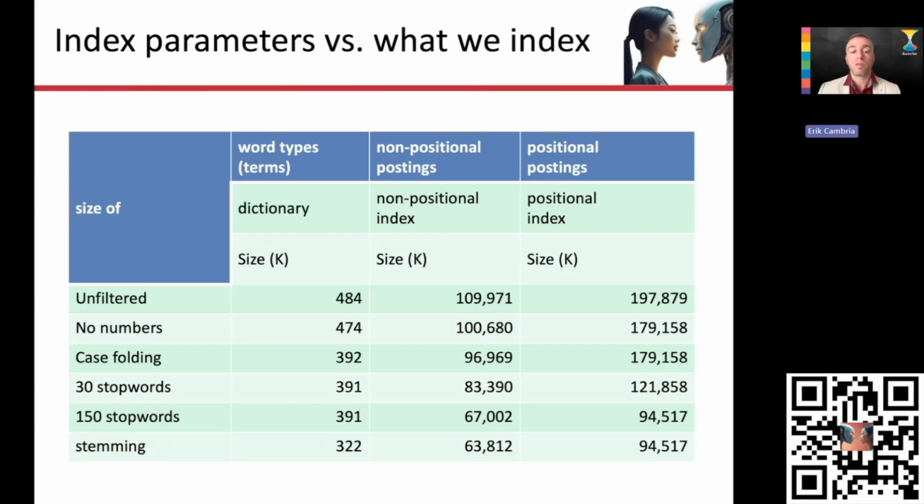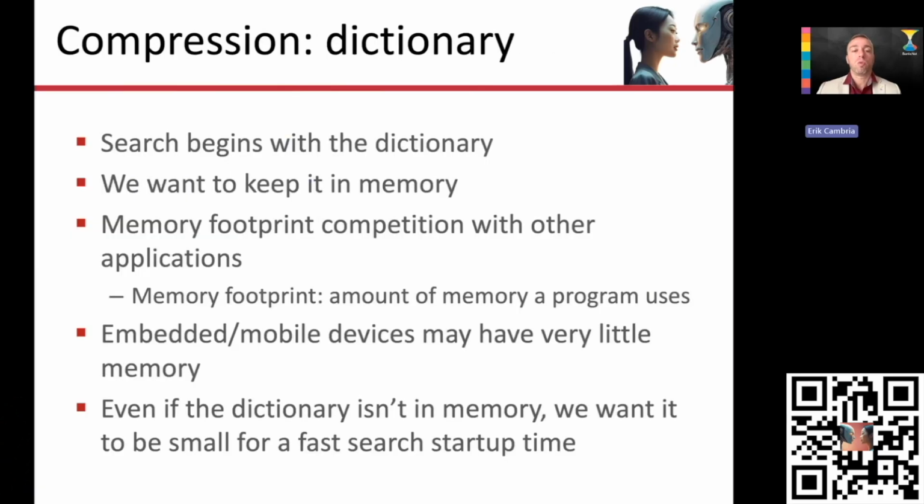But here you can see that by applying some simple compression techniques like removing numbers, case folding, removing stopwords and stemming, I can really reduce the size occupied by my system that, again, if I'm putting it on hardware, can be important.